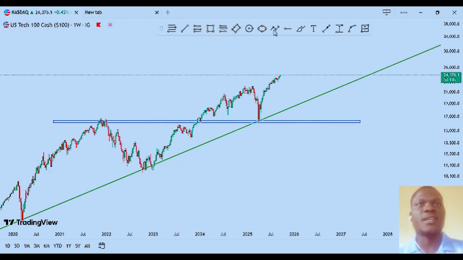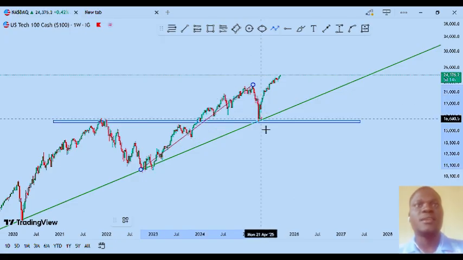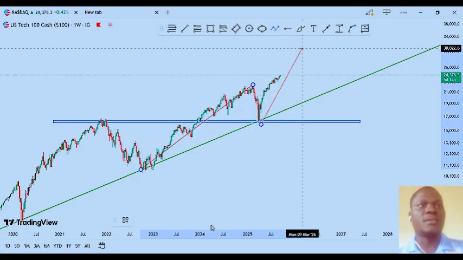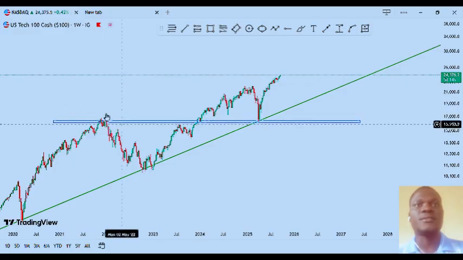It's like a support and resistance turning into support, right? It's a break, retest, continuation. And this is a resistance here, then turns into support here. Resistance here, then turns into support.